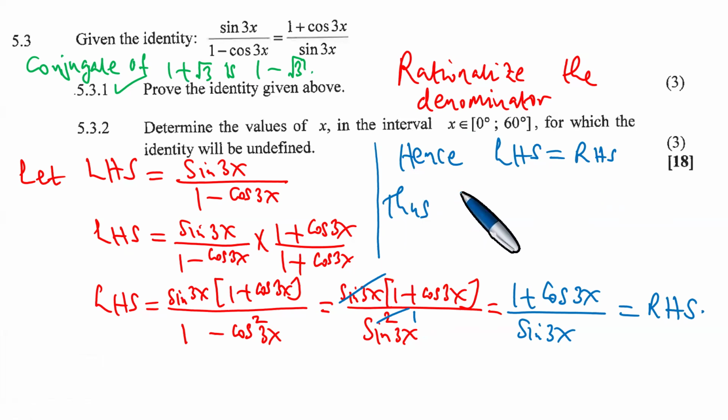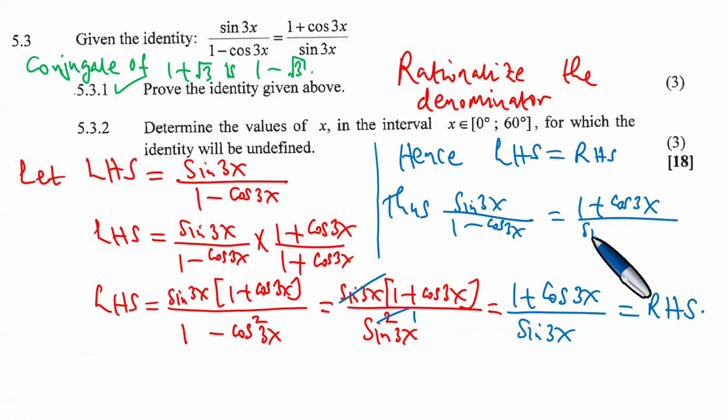Thus we can say the sine of 3x divided by 1 minus cosine 3x equals 1 plus cosine 3x divided by sine 3x. And this is the answer to this.